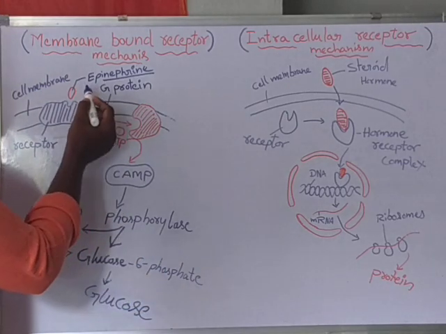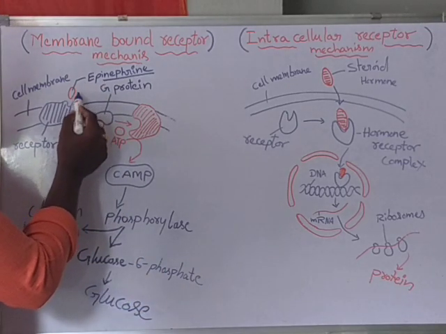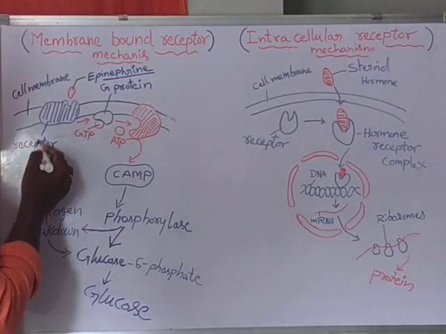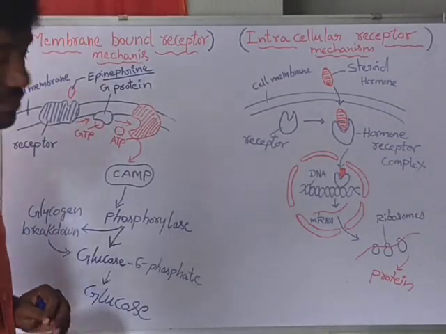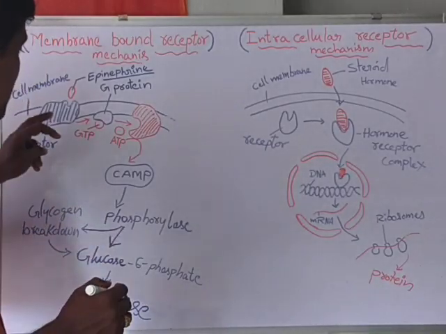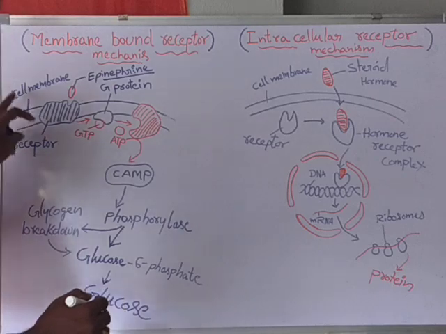When epinephrine comes near the cell, this is the receptor. This receptor is called a membrane bound receptor, meaning the receptor is bound on the plasma membrane.